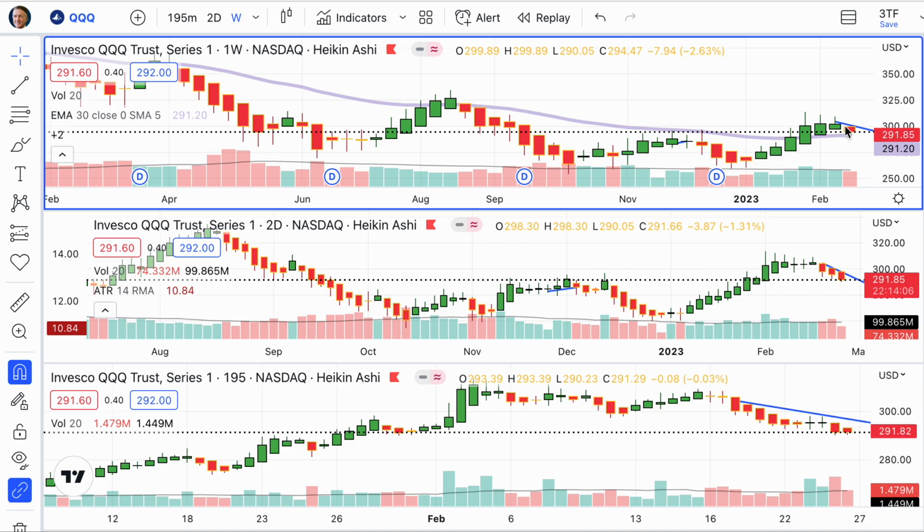But what we have here, Heikin-Ashi candlesticks. And again, remember, Heikin-Ashi candlesticks show you the average pace. They filter out all the noise. The opening on a Heikin-Ashi candlestick is basically the average of the high and the low from the prior candle.